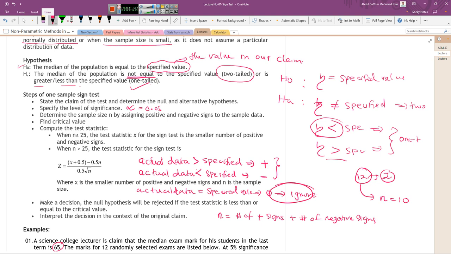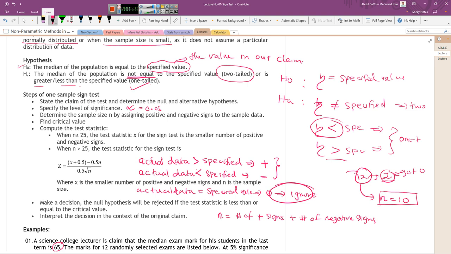So if the data point is assigned 0, then we will just ignore it. We actually have 12 observations, but 2 got 0, so in that scenario our sample size now will become n equals 10, because we have ignored these 2 data values that have been assigned 0.